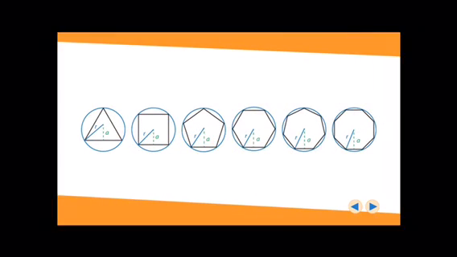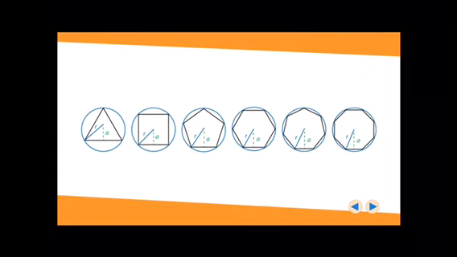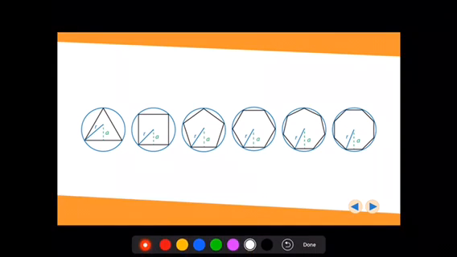All right, so the first slide I have here is just illustrating what we talked about yesterday with regular polygons inscribed, or you could say a circle is circumscribed about these regular polygons. You see the first one here is a triangle, then a square, then a pentagon, and then we keep going up, a hexagon, and so on.